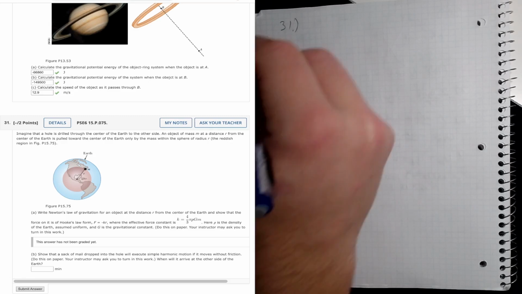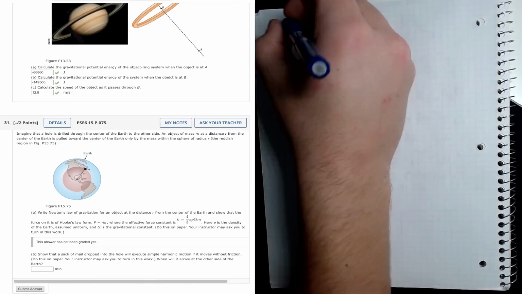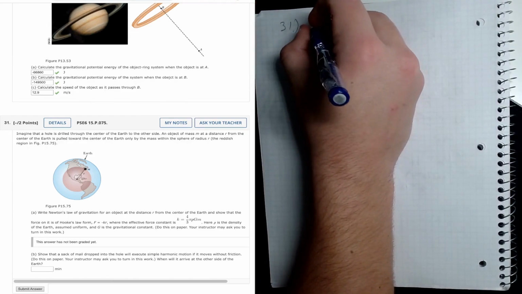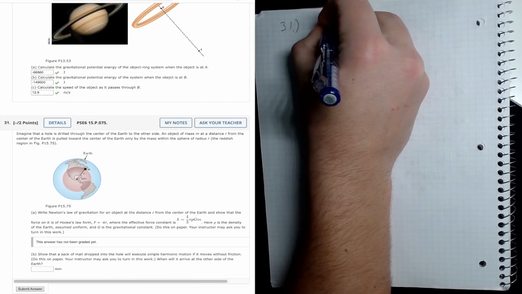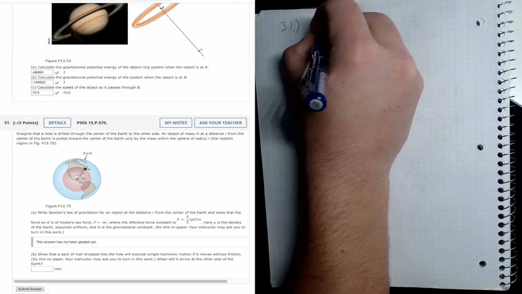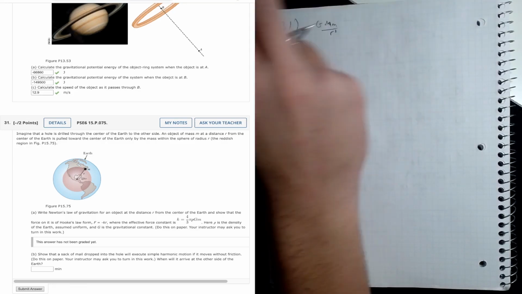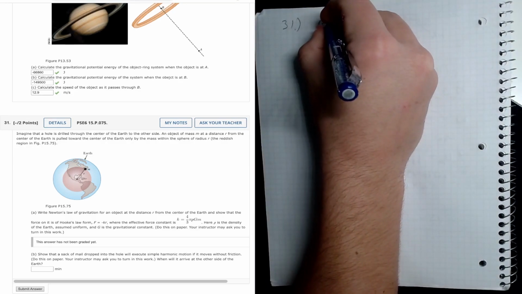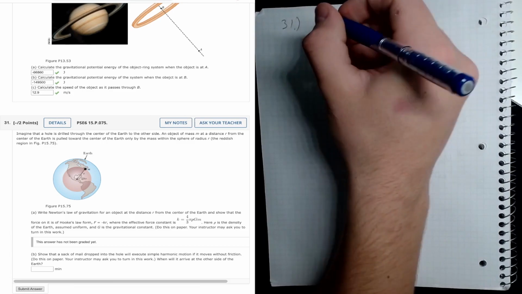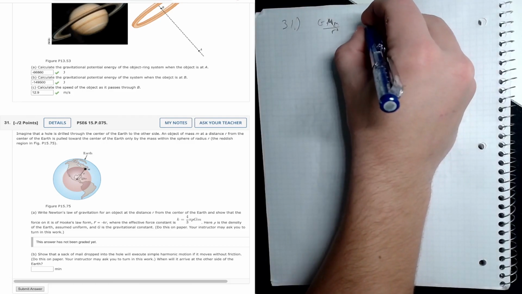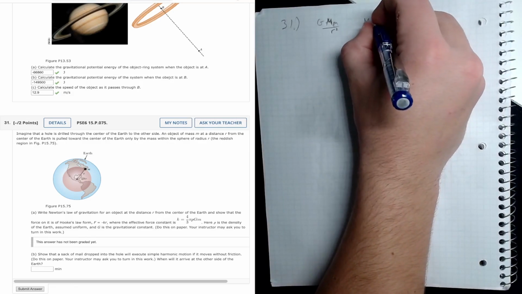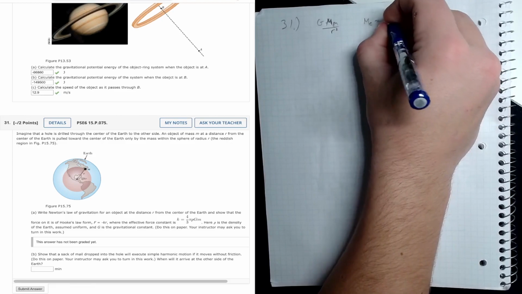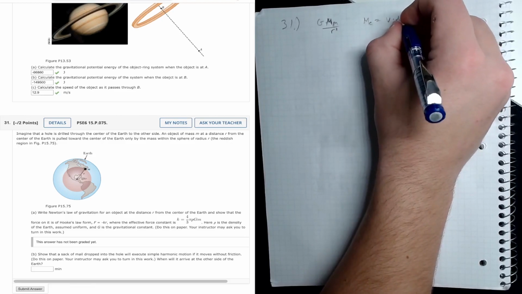So with that, we have Newton's law of gravity. Force of gravity is G m over r squared. In which case, M is the mass of the Earth, and the mass of the Earth is the volume times density.